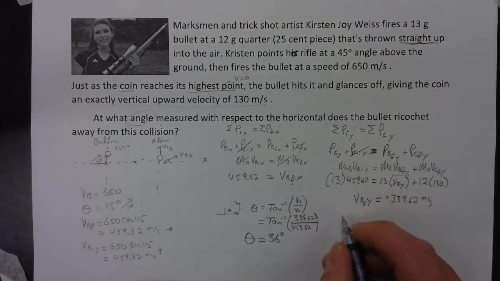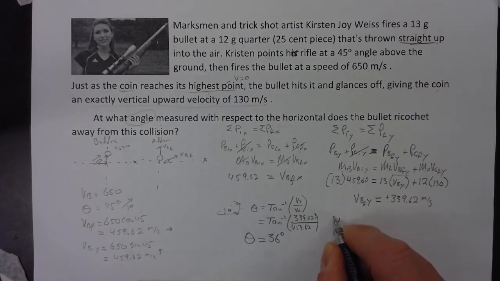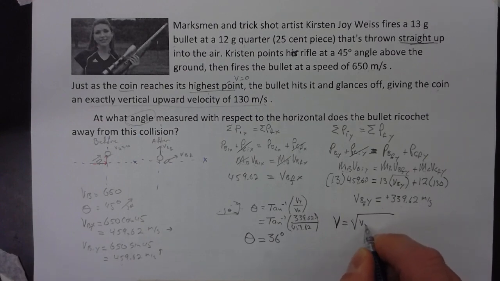Now to find the actual speed of it, which you'll have to do in other problems, the magnitude of the velocity is the horizontal component squared plus the vertical component squared, square root. So when we do that, it doesn't really matter the order, 459.6 squared plus the 339.6.